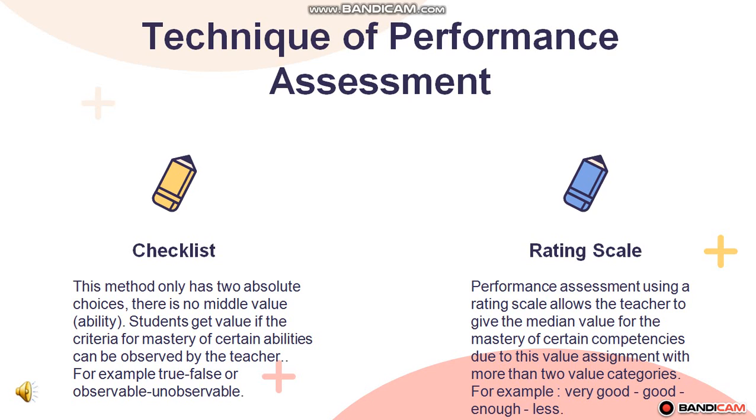And then the rating scale allows the teacher to give a median value for the mastery of certain competencies, due to this value assignment with more than two value categories, for example, very good, enough, less.